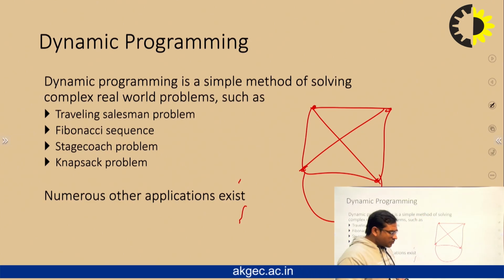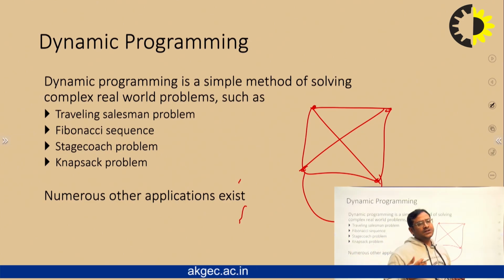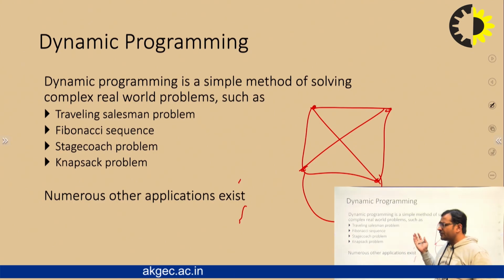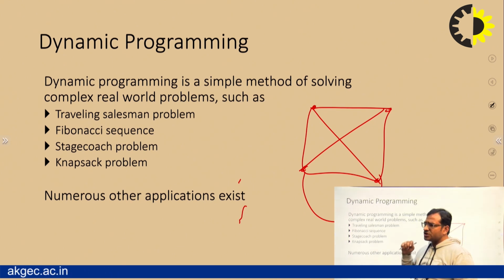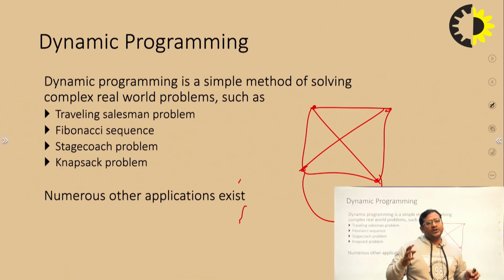Got my point? This is the way you can solve the traveling salesman problem by using dynamic programming. Similarly, other problems like the Fibonacci sequence, stagecoach problems or the knapsack problems are problems you can solve through dynamic programming.